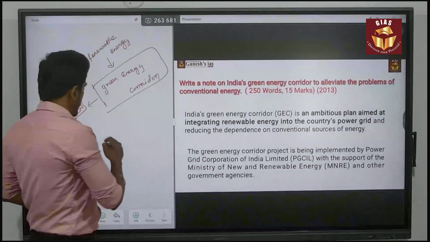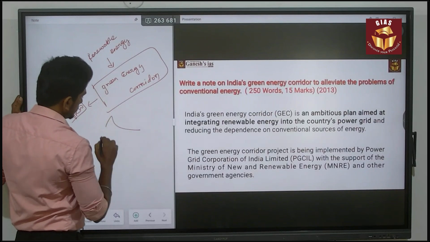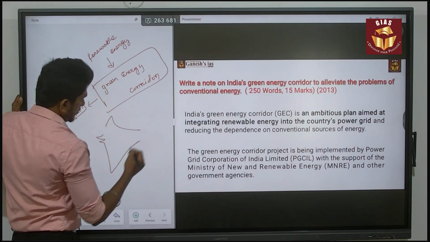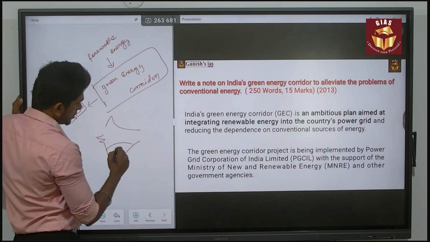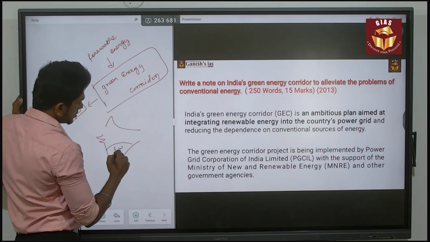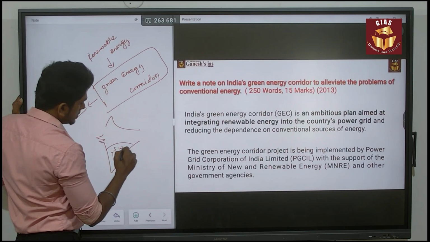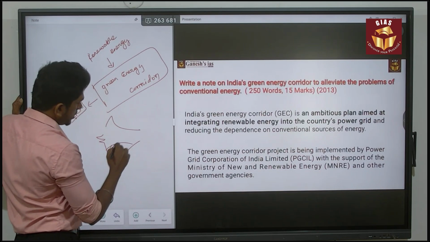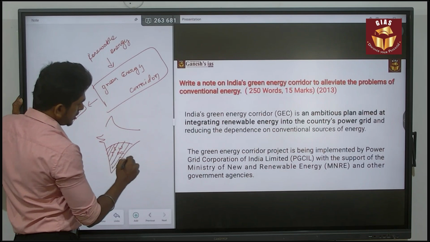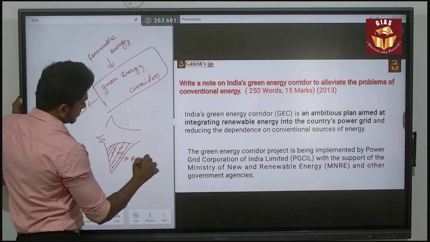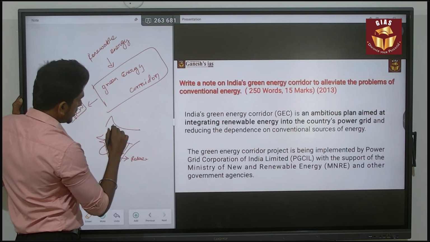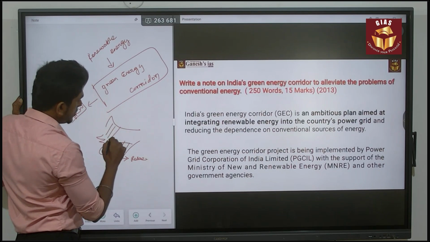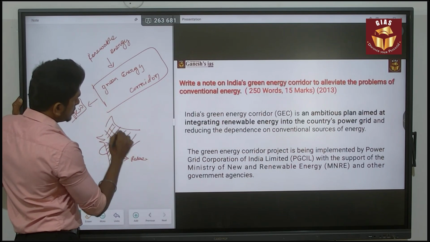For example, in India, southern India has major advantages in solar energy, wind energy, and also tidal energy and ocean current energy. So these are the major beneficial regions based on renewable energy. The green energy corridor is about transmitting this green energy to the region where the potential of green energy sources is very low.